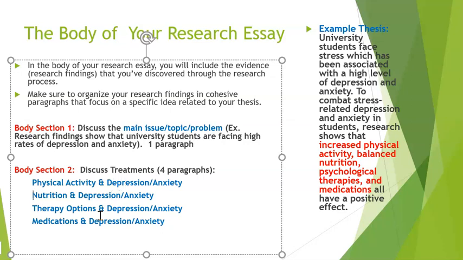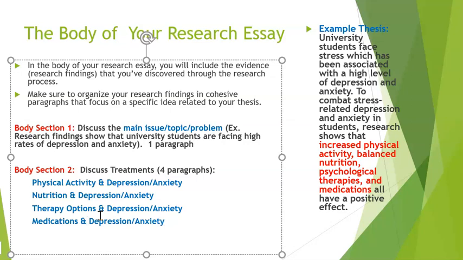I might want to devote another paragraph to nutrition for the same reason, findings or information that relates to that. I might look at various therapy options and group those together into 1 paragraph. Or that could be even more paragraphs if I decided to talk about a few more specifically or focus on a couple.